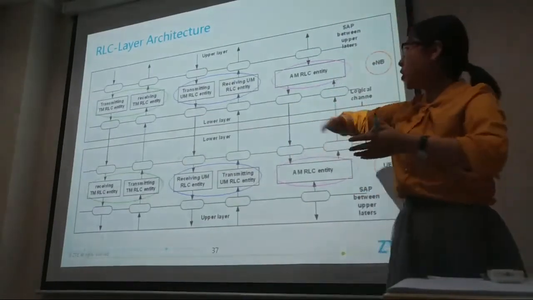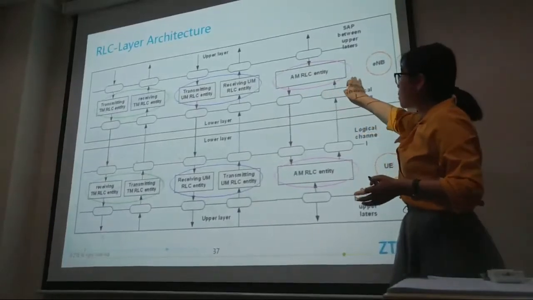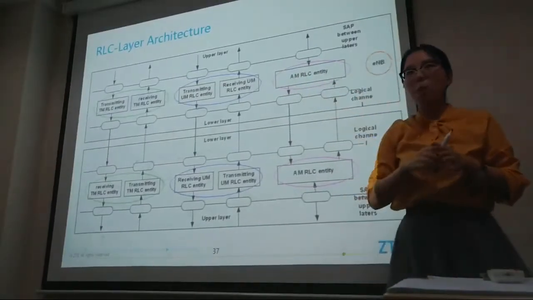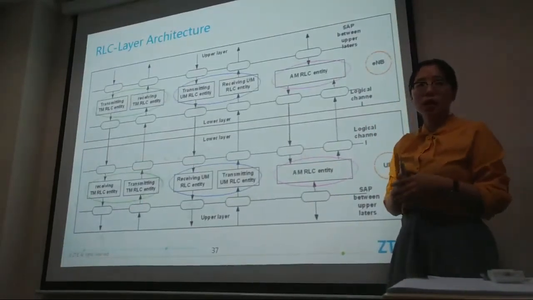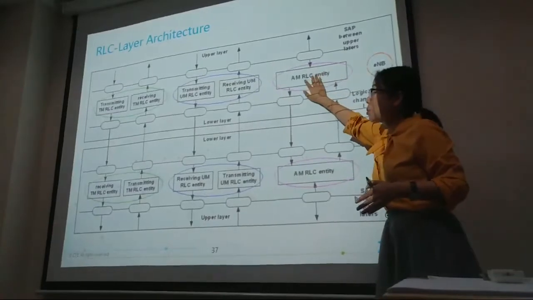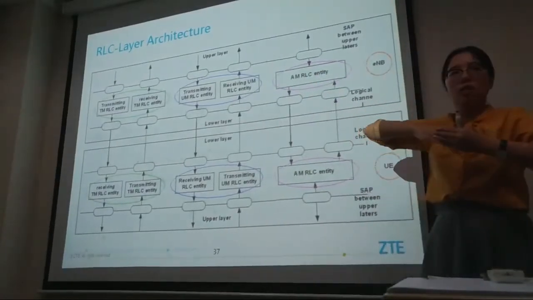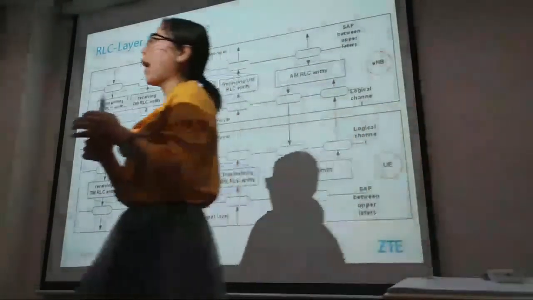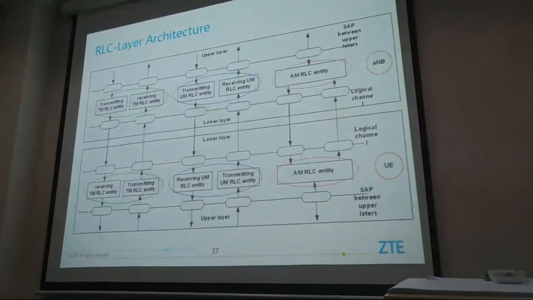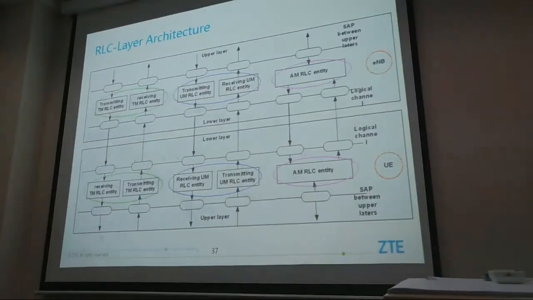But for the AM mode, there is only one entity. That means it's bidirectional. It contains the transmit and the receive, we combine them. That means the receive and the transmit need to communicate because we have the ACK. If I transmit, I will receive the ACK, and according to the received message I decide how to transmit.